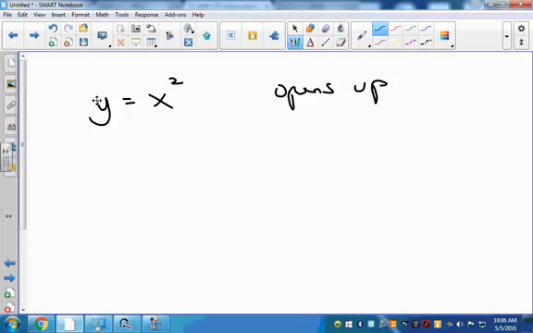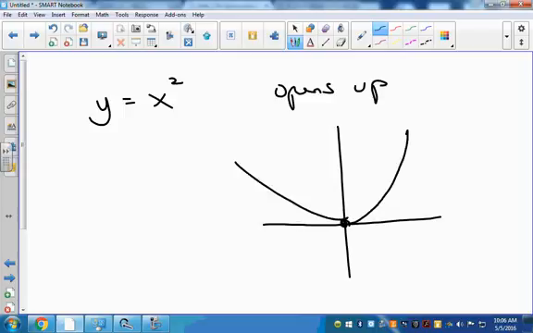Okay, some general terms to go with this guy. The turning point is called the vertex. It plays the role of the center of a circle or the center of an ellipse or the center of a hyperbola. We're going to be using the letters H and K for the vertex. So there is no center for a parabola, but (H, K) is the vertex.